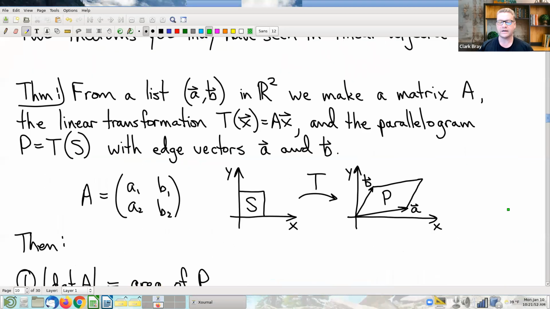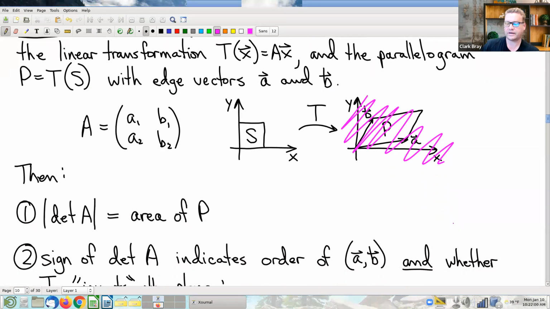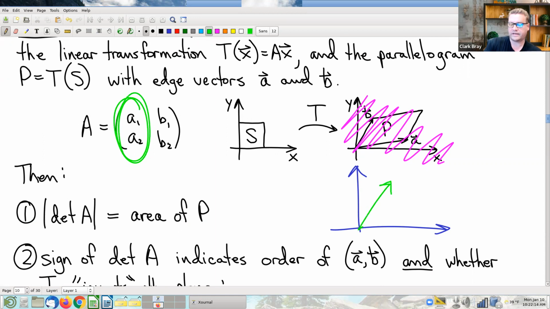And you can kind of see a version of that. Let me draw a picture here. Let's suppose that our picture is like, let's see here. So let's suppose that our first vector is like that. And don't forget, our first vector is the image of the first standard basis vector, E1. And then let's suppose that our second vector is like that, that being, of course, the image of our second standard basis vector.